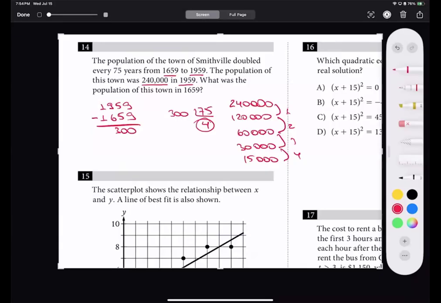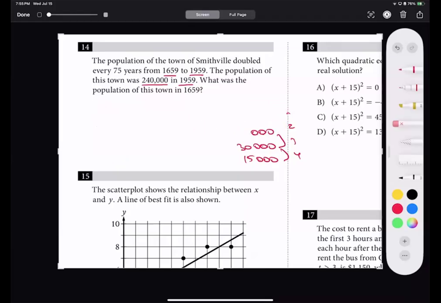Okay. Just a second. Yeah, you can do it through compound interest. Let's go over the other way that it can be solved.